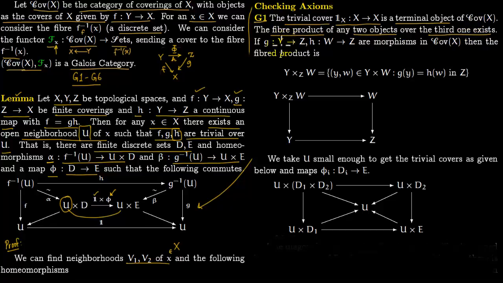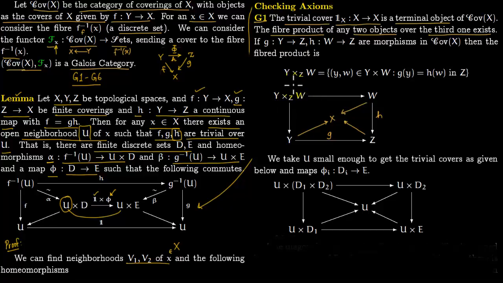So what does that mean? So say we are given maps G and H, and all 3 of them are coverings of X. So all 3 of them have maps going to X. So then in that case we should have a fiber product which should look like this.